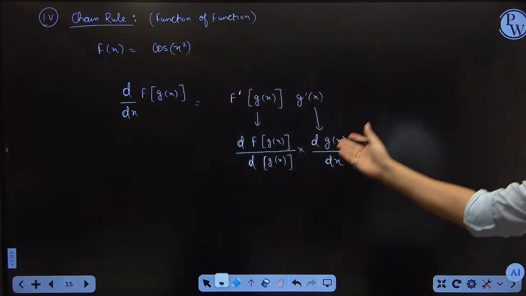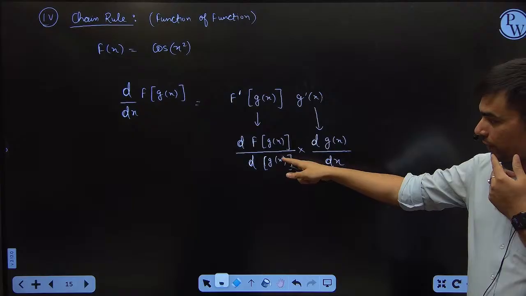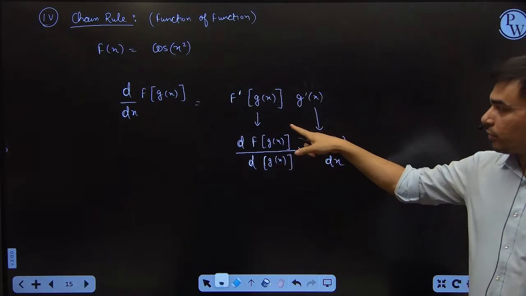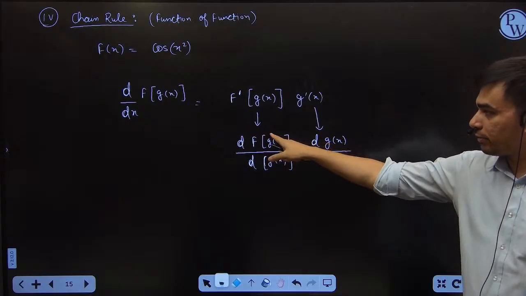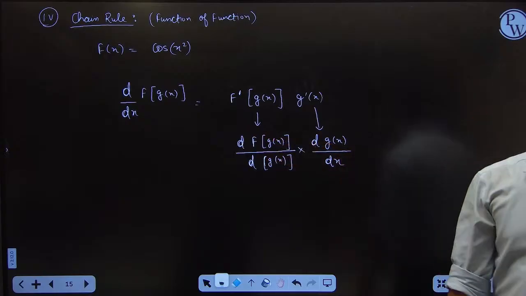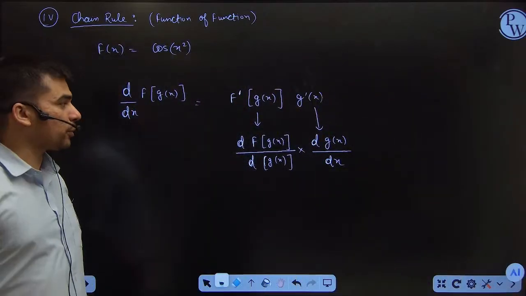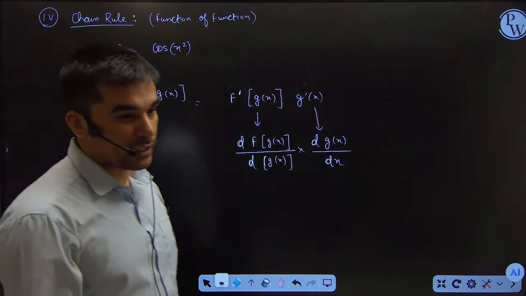So finally, what is the result coming out? Tell me. What we have done is simply multiplied and divided with this quantity, no? Finally, you are going to get this result only, d of f of gx divided by dx. But direct differentiation is not possible. That's the reason why we are choosing an alternate path.